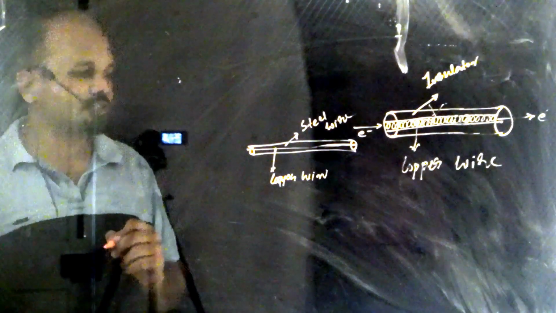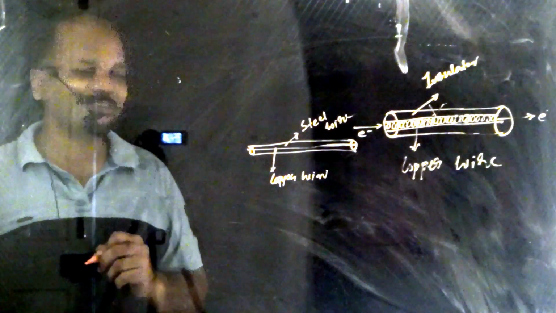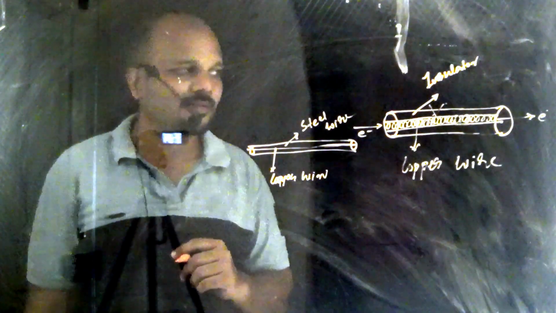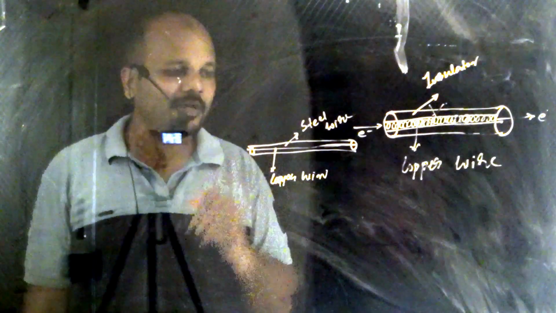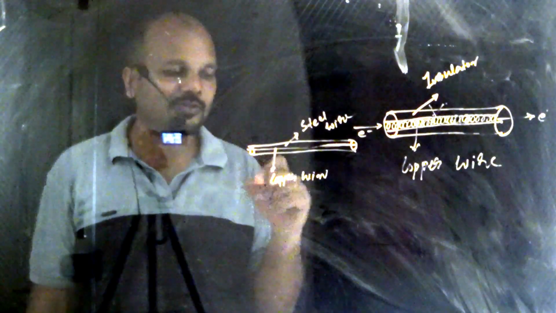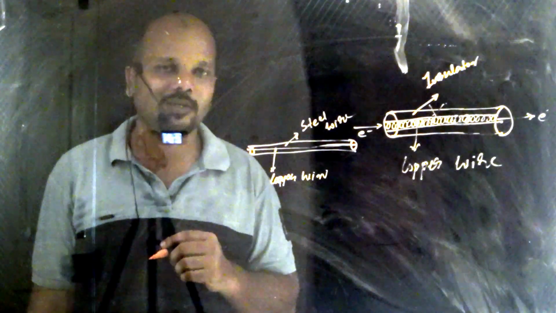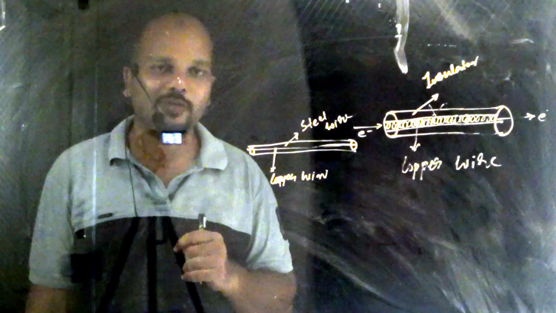This copper wire is conducting, and the steel is also conducting. Why we use steel to support the copper wire is because steel is very strong. It doesn't allow the copper wire to get broken.